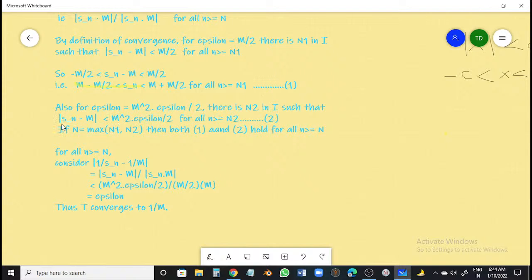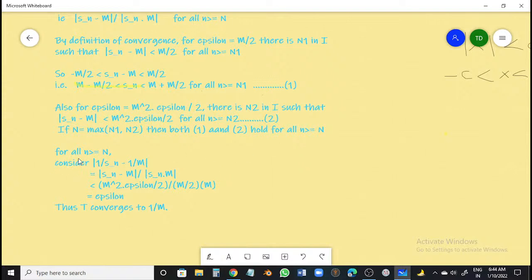So the difference between the nth term and m is smaller than this particular epsilon value, once this n crosses n2. Now what we will do is we will take the maximum of n1 and n2. We will call it as N. If N is the maximum of these, it's very sure that once you cross this N, both the inequalities hold, both kinds of statements.